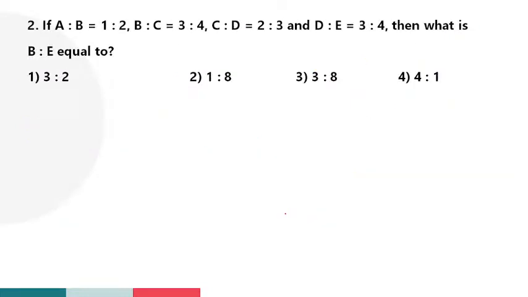If A is to B is equal to 1 is to 2, B is to C is equal to 3 is to 4, C is to D is equal to 2 is to 3, and D is to E is equal to 3 is to 4, then what is B is to E equal to? What is the answer, guys?